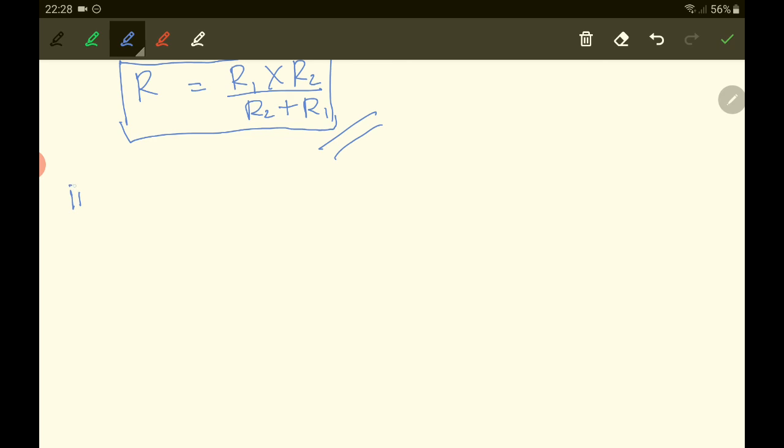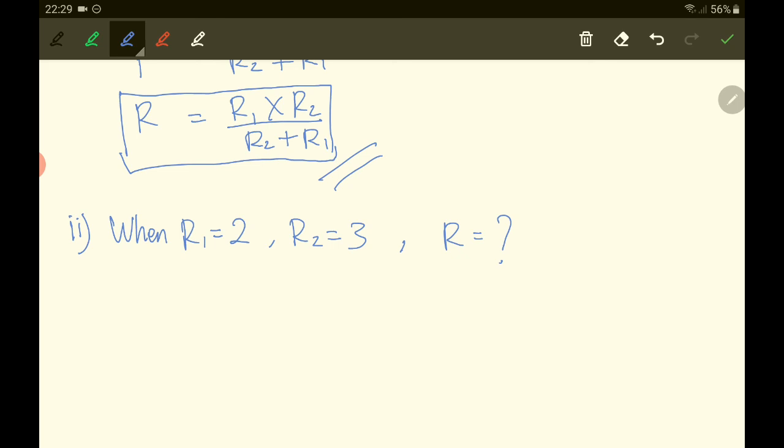For the second part, when R1 here is equal to 2 and R2 is equal to 3, we are going to find the value of R. What is R? First we write the equation that we already got from the first part.